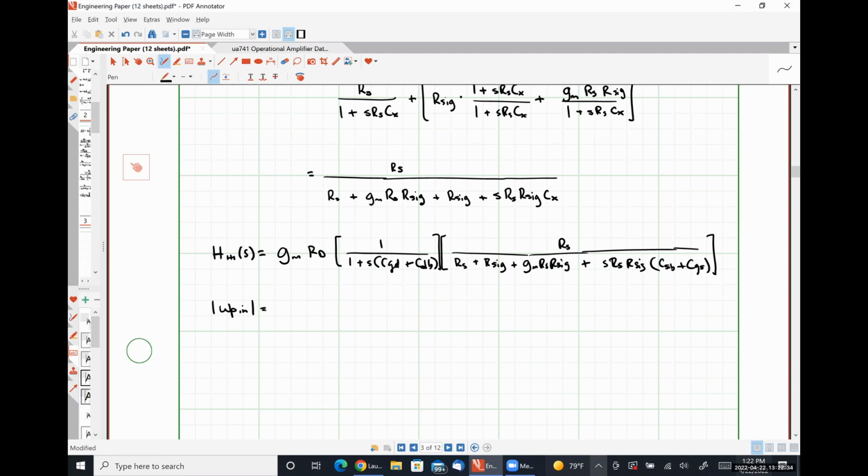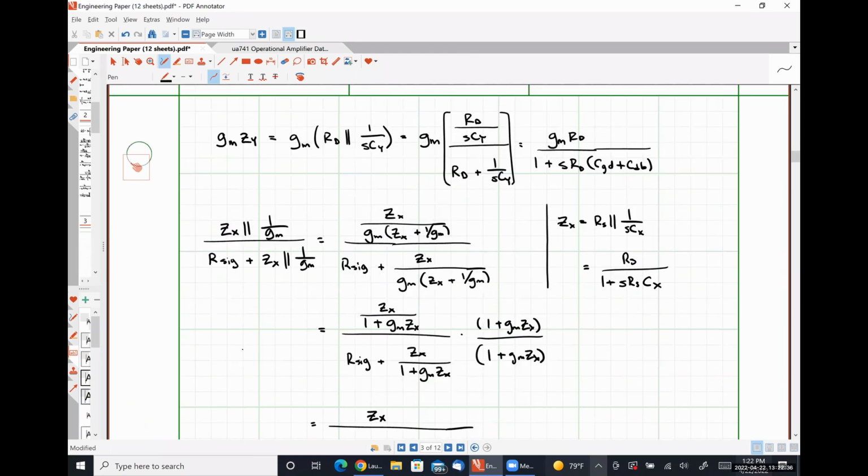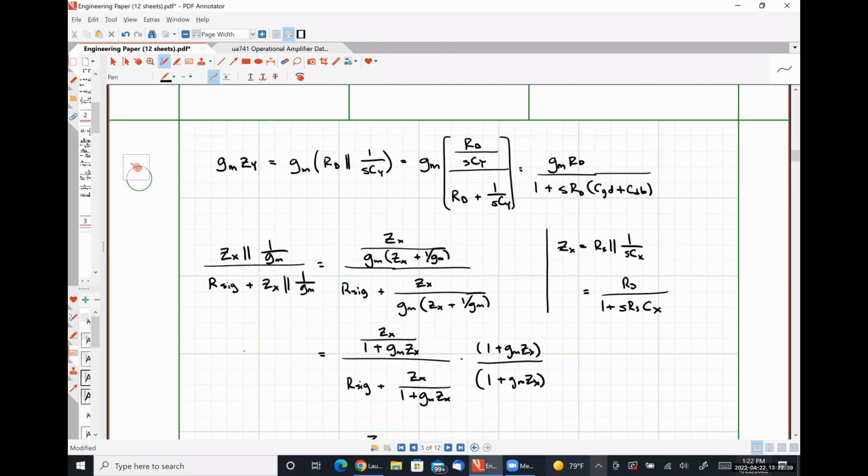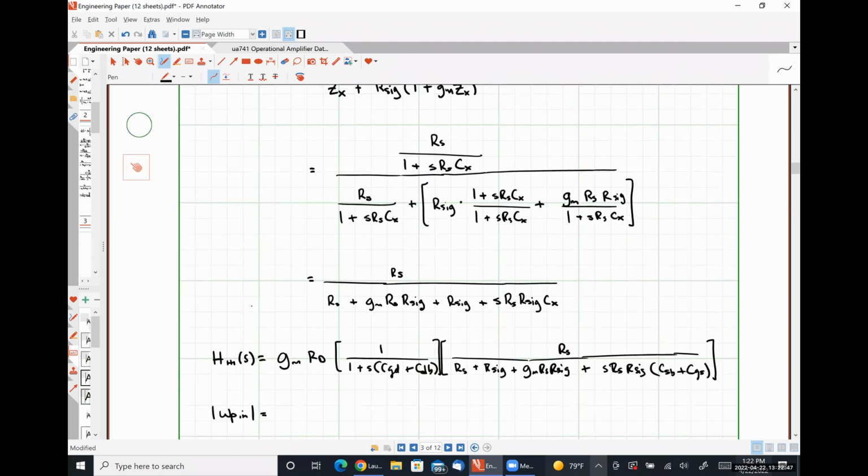Is that the one? So if we look at our first bit here, we have GMRD over this. So that's our GMZY term, right? So I split it out into GMRD times 1 over that to make it very explicit that we have the form that we're used to here, where we have our mid-band gain multiplied by frequency dependent components that tell us what our poles and zeros are.